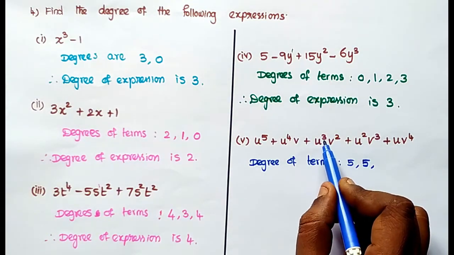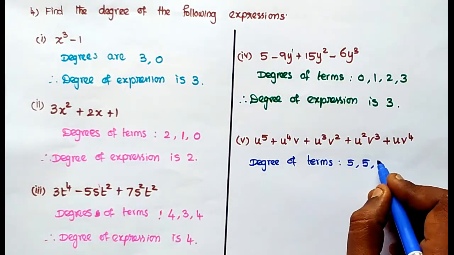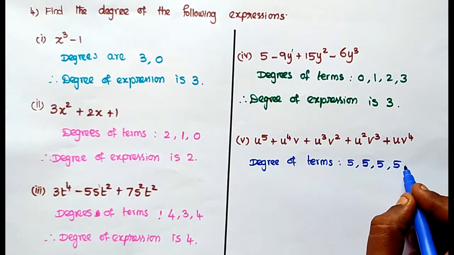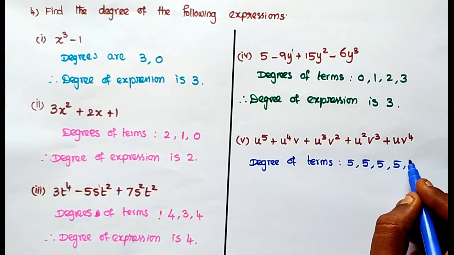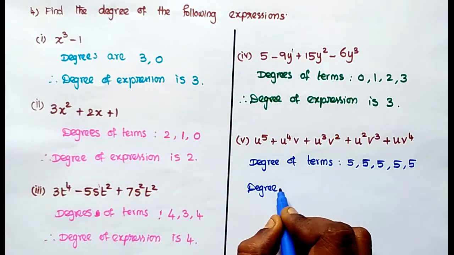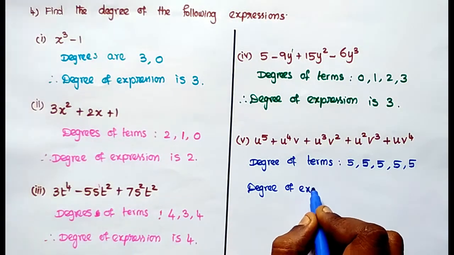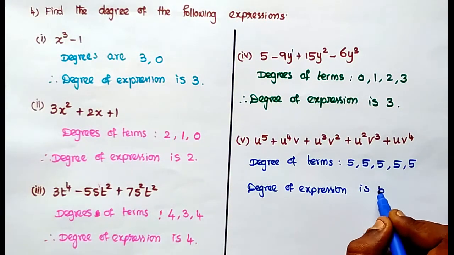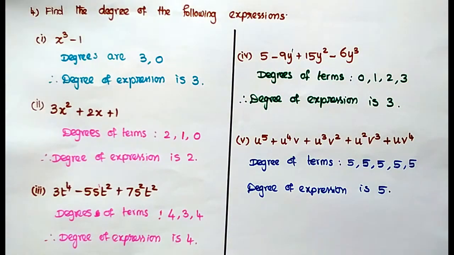Next term 3 plus 2, 5, and fourth term 2 plus 3, 5. The fifth term is also 5. So, the degree of the expression is 5. That is the answer.